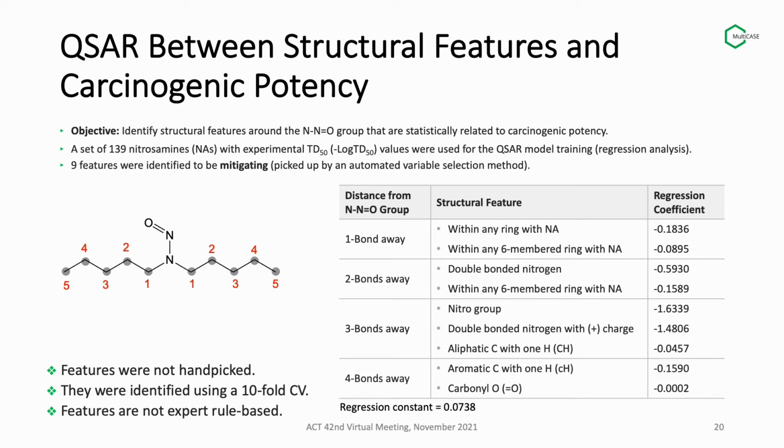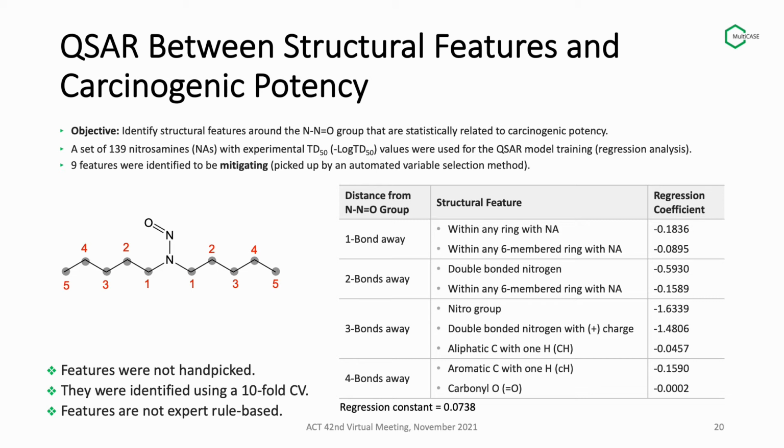The statistical methodology to build this model was a simple regular regression technique. Before I built the model, the first step was to use a variable selection process. This was an automated process which identified 9 features that are important, using a 10-fold automated cross-validation technique.